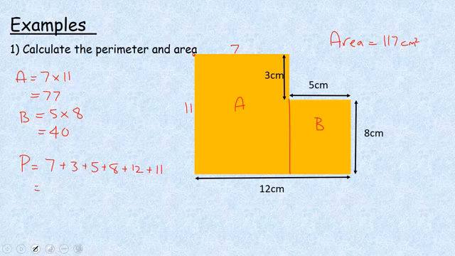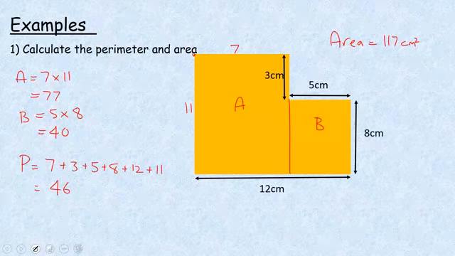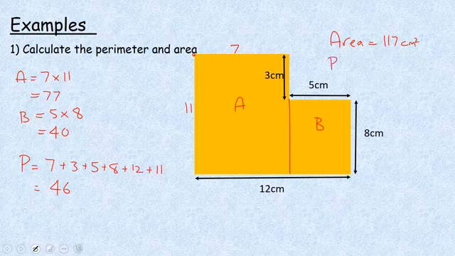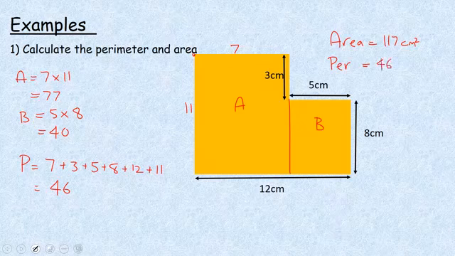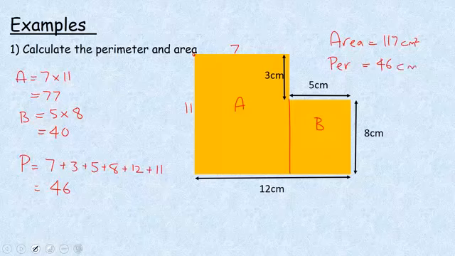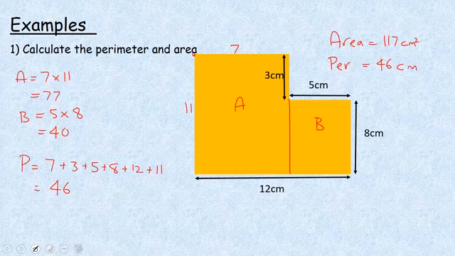And that comes to 46. So our perimeter is 46. Perimeter is just a length, so it's just centimeters.